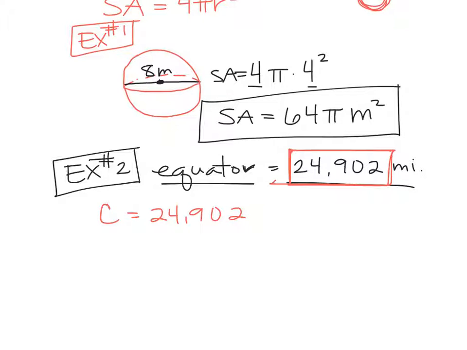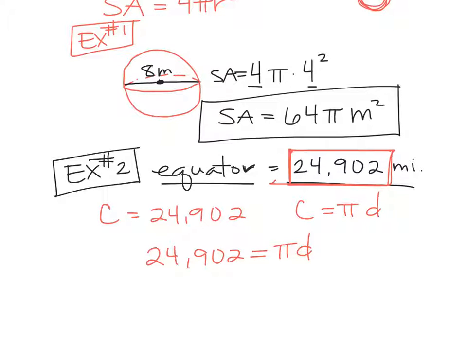The formula for circumference is pi d, so 24,902 equals pi d.